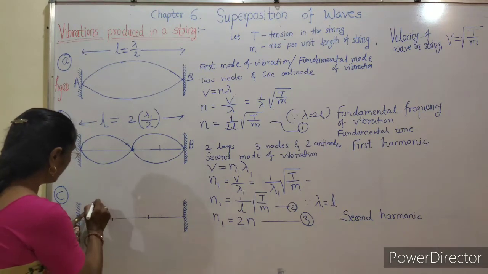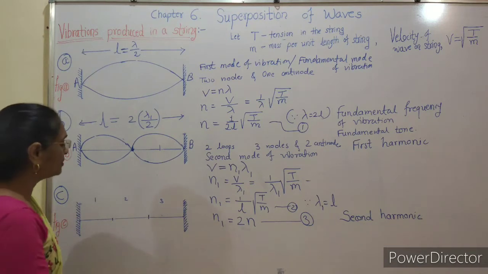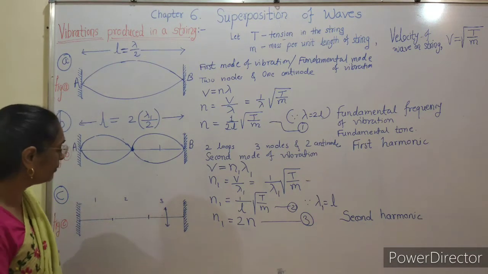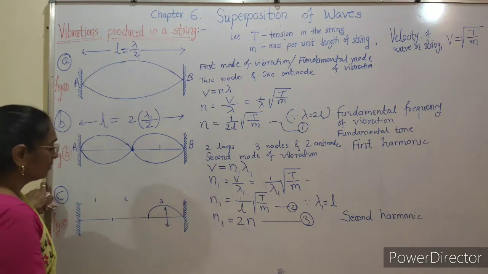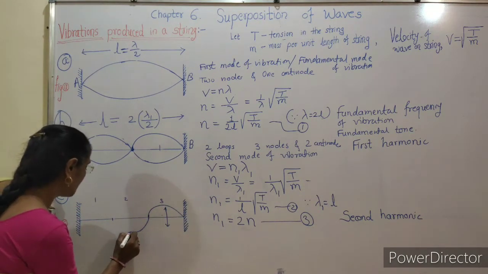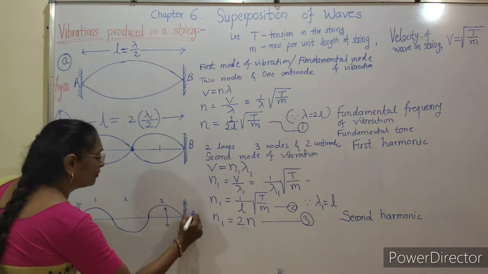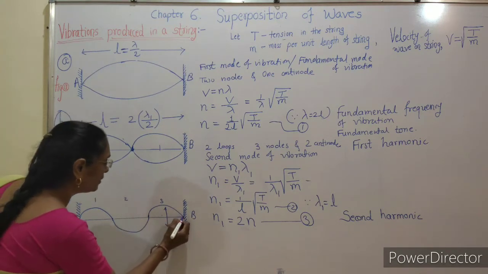Now here there are three segments, 1, 2 and 3. Any one of the segments is vibrated up and down, so that a wave is produced on both sides. It can travel on both sides, towards B as well as towards A, that is the incident wave.